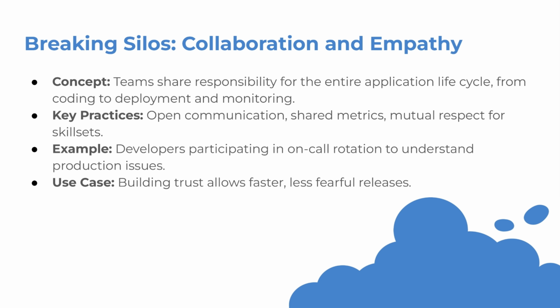So what do we do? What did I mean by collaboration? As I have explained 2 to 3 times before, we initiate open communication, and we share metrics and mutual respect for skill sets. So let's say there are front-end developers, QA engineers, data analysts, BA engineers.